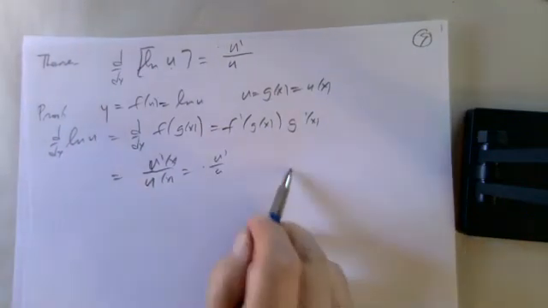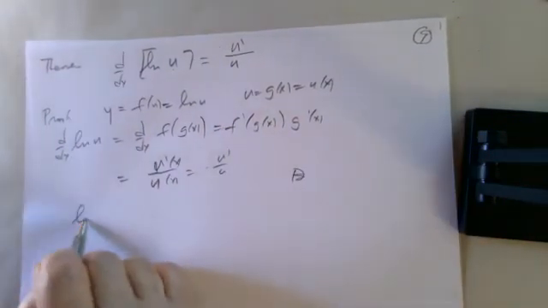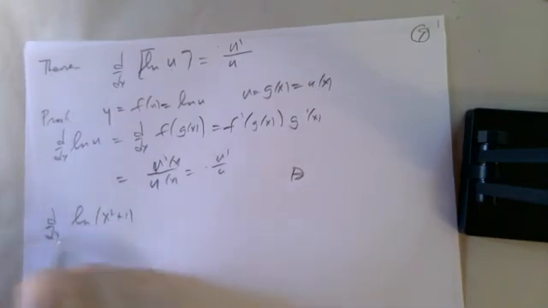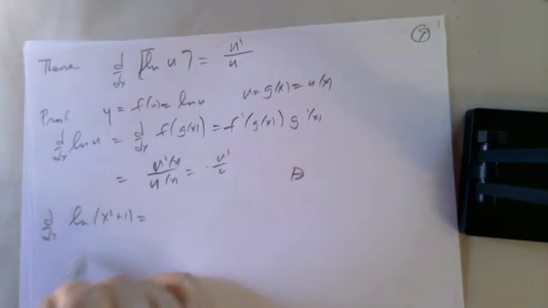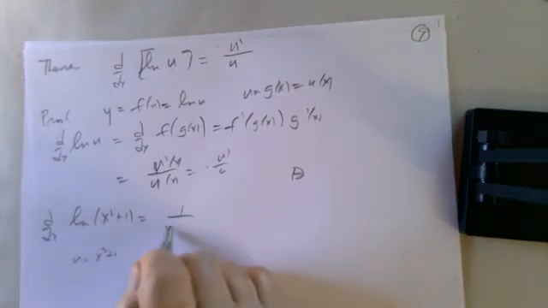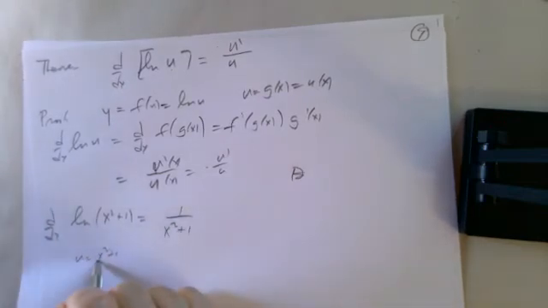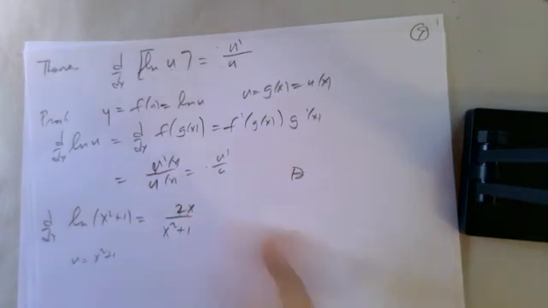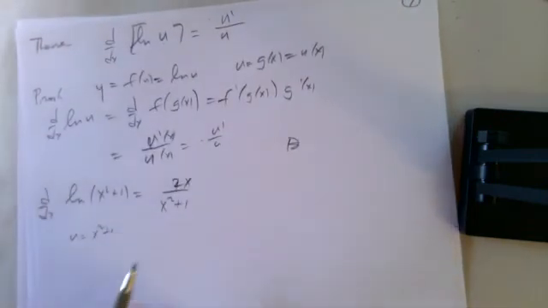So that's the proof. So if we wanted to differentiate the log of x squared plus 1, so my u is x squared plus 1. I get 1 over x squared plus 1 times du dx, which is 2x. That's what it is.